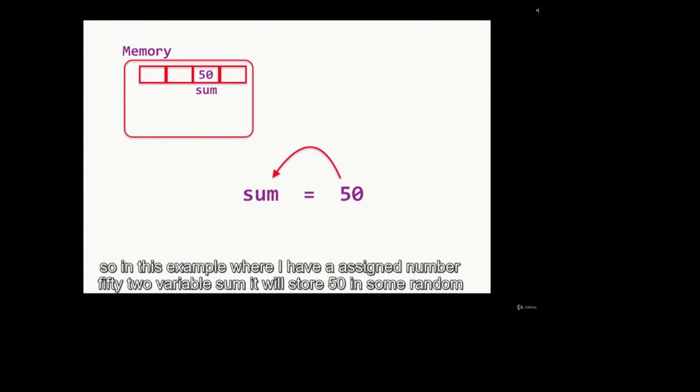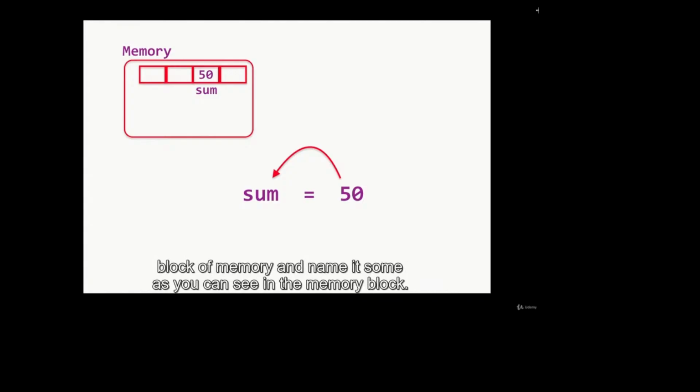So in this example, where I have assigned number 50 to variable sum, it will store 50 in some random block of memory and name it sum, as you can see in the memory block.